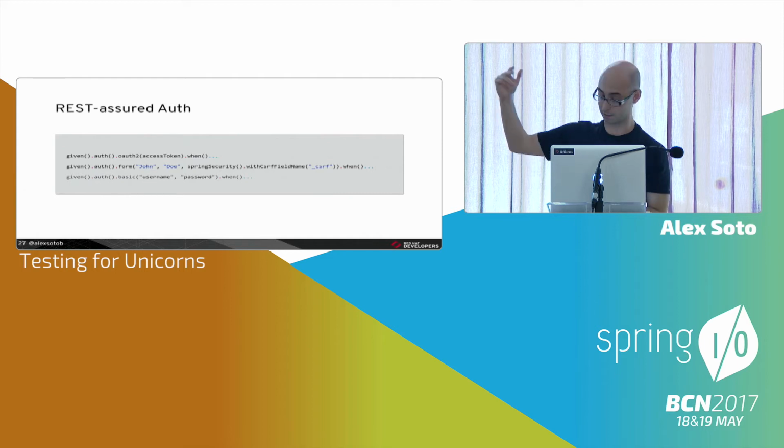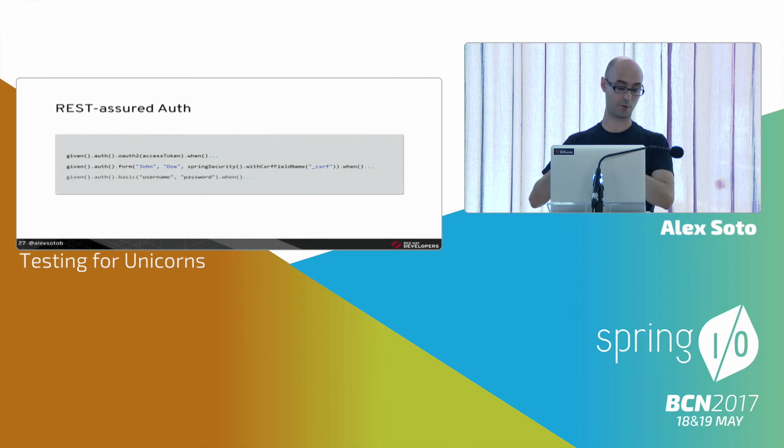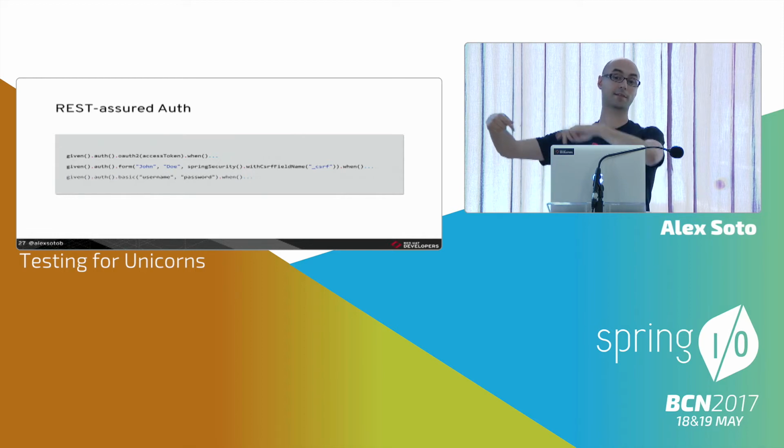So, for example, in case of OAuth, you can do given.auth OAuth2. You put there the access token, then .when, and then .get, and you start putting the URL of your business code. In this way, you don't need to take care of authentication things.